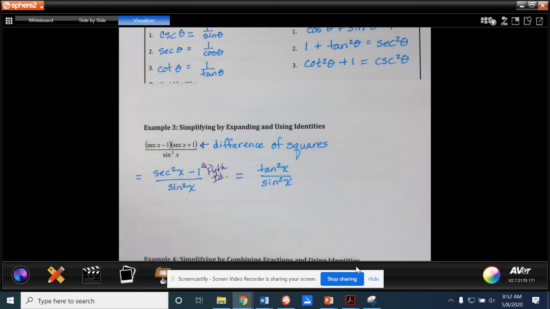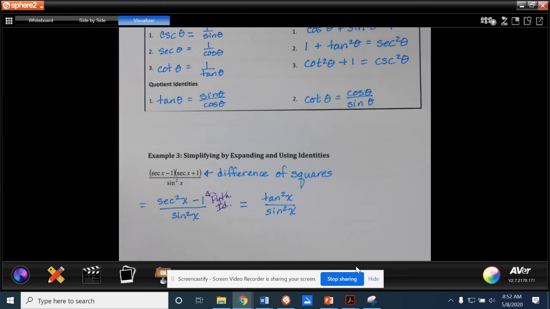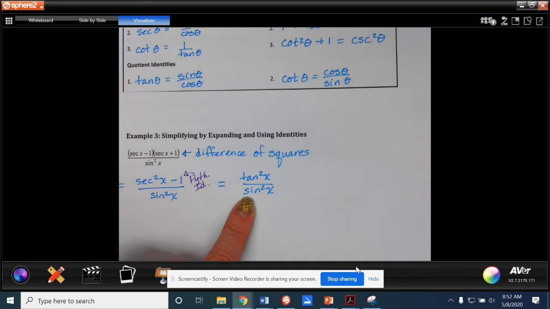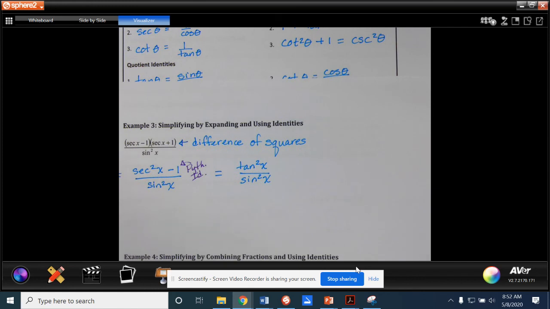Now we're looking a little bit nicer because we know what tangent squared x is. Remember, our tangent is our sine over cosine. Well, I have sines and I have tangents. I'm going to simplify my tangent so it's all in the same type of item.